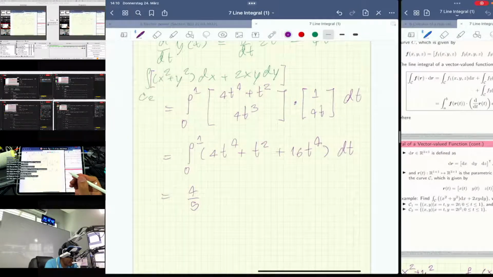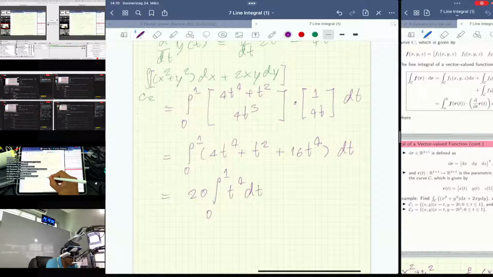Oh no, you have to combine first, right? It's the integration of 20t to the 4 dt from 0 to 1, plus the integration of t squared dt from 0 to 1.